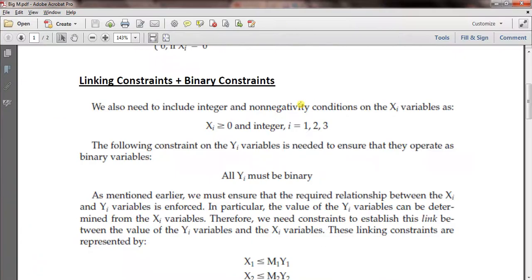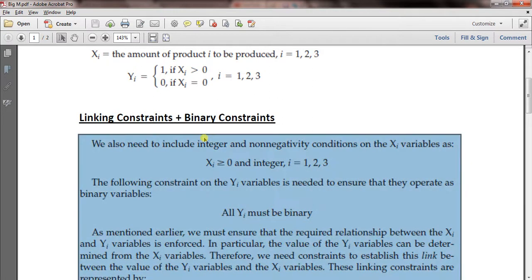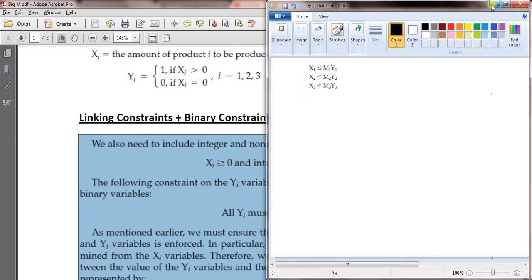Coming back to the linking constraint and the binary constraint part. That is, yi is the binary constraint, that is, it is binary in nature. Now what is this linking constraint? This linking constraint is nothing but a linkage.